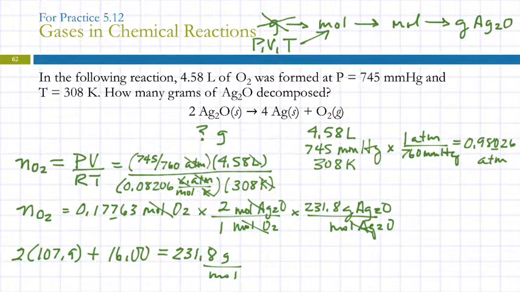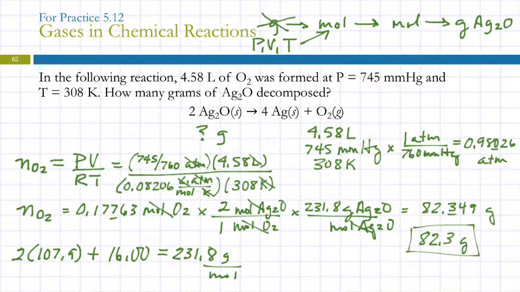So I've got my 0.17763 times 2 times 231.8 equals 82.349 grams. Rounds to 82.3 grams. Any questions?